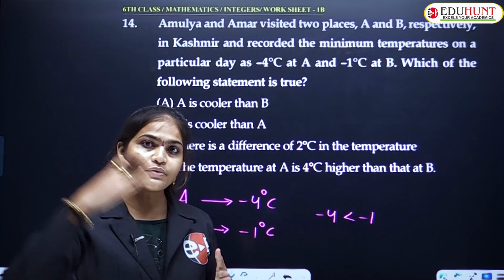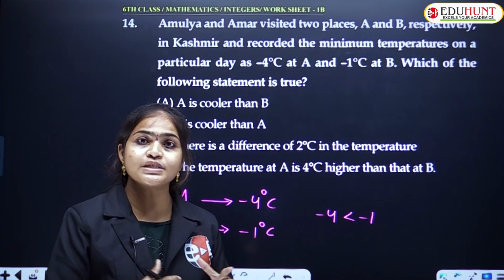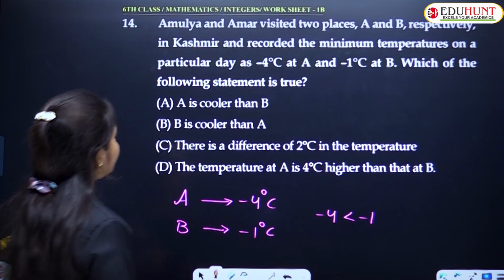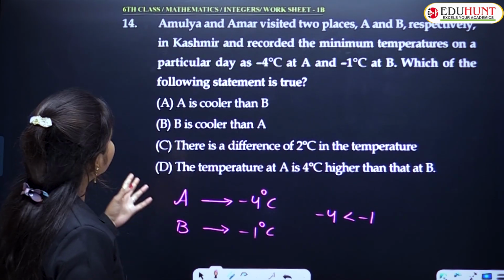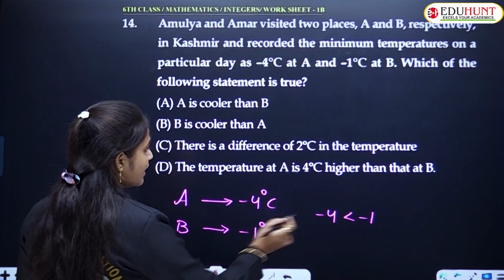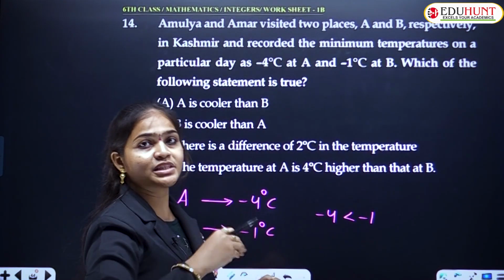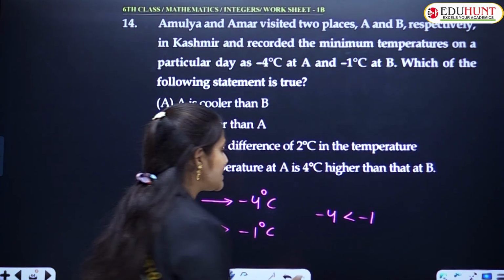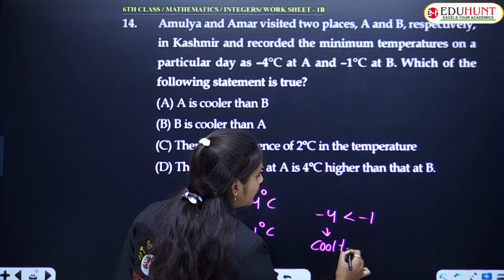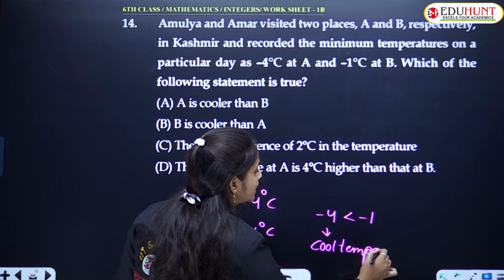If the temperature is very high, then we can feel that it's very hot. Understand? See here. As per this one, minus 4 is the smaller temperature, which means lesser temperature. Lesser temperature means here we have the cool temperature.